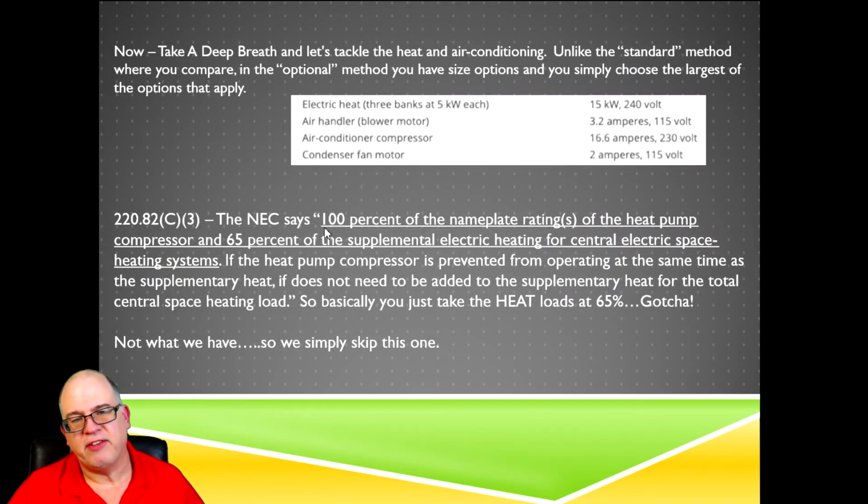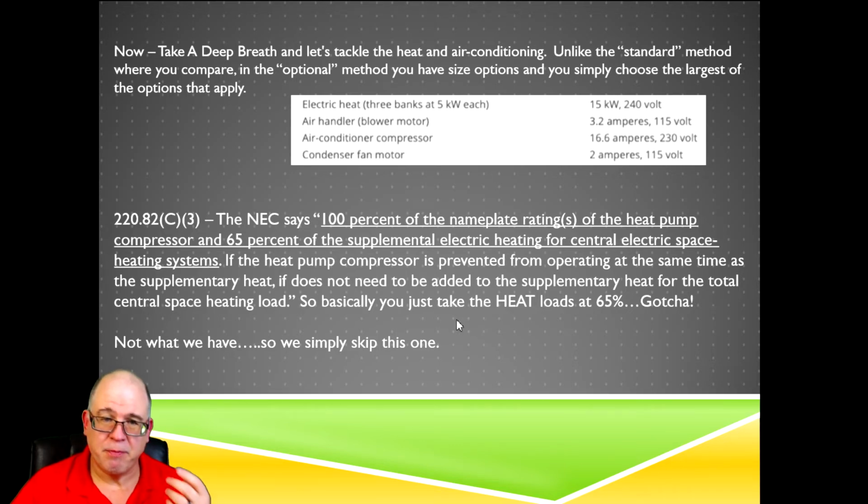Now, it says 100% of the nameplate rating of the heat pump compressor and 65% of the supplemental electric heating for central electric space heating systems. Okay?